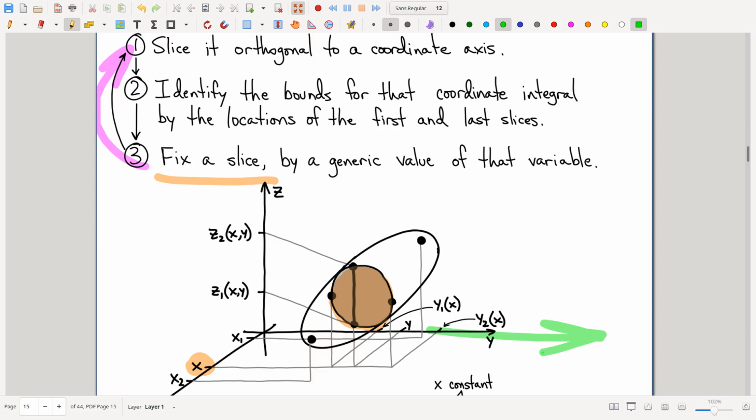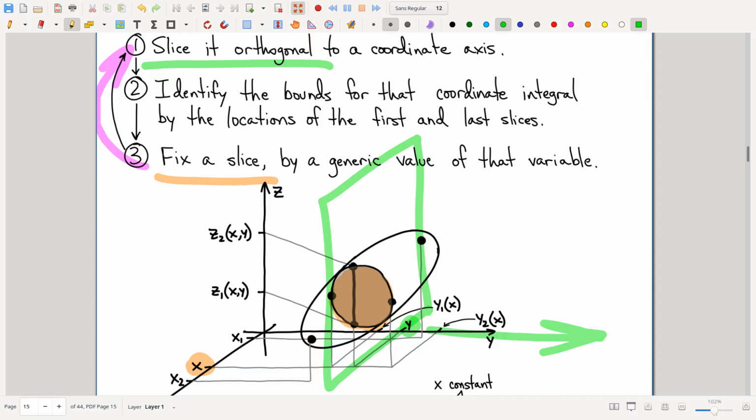All right, so what do slices look like? Well, here's a value of y. A slice perpendicular to the y-axis would be something like that. Now you have to keep in mind, though, we've already got an x slice. Our x slice is already a little two-dimensional thing, right? We're now taking y slices, not of the original solid, but of our x slice.